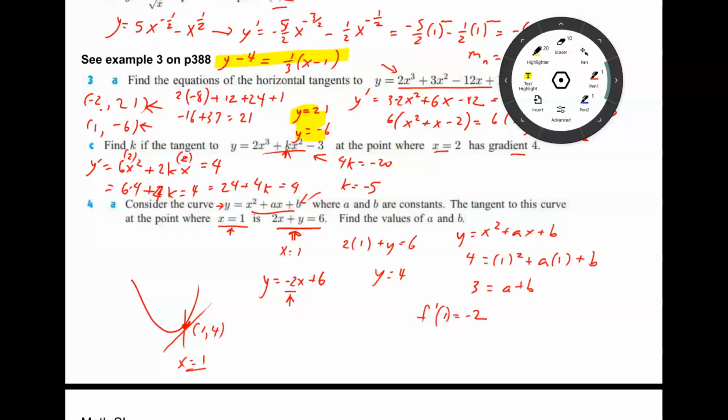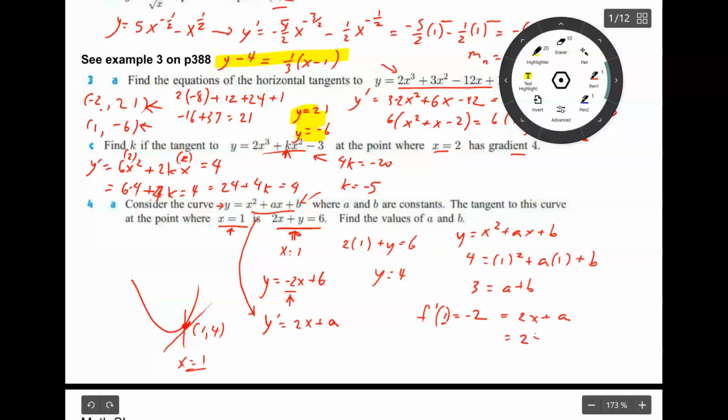So the derivative function of x squared plus ax plus b is going to be y dash equals 2x plus a. So I could set this equal to 2x plus a, and at x equals 1 it would be 2 plus a is equal to negative 2.